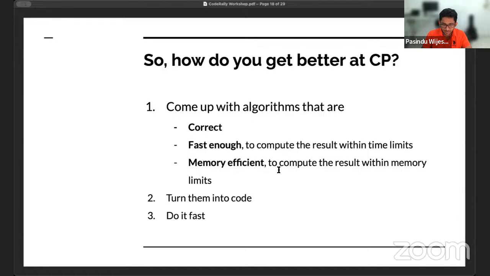That's the first part. Once you build your thinking capacity to come up with such algorithms, the next part is to build the ability to turn those ideas into code.